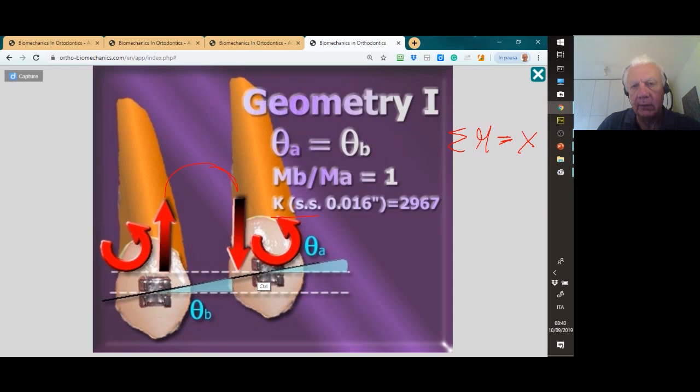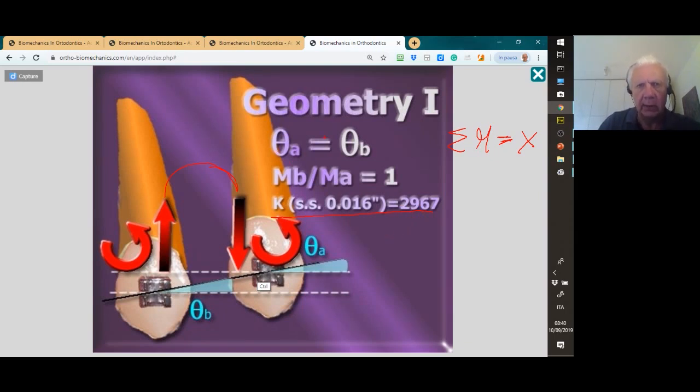Also keep an eye on this value, K. It's a value which gives us an idea of the rigidity of the system, and in geometry 3 it is about 3000. This changes with geometry and the wire, but we will keep the same wire, so the only change you will see will depend on the geometry. So let's see this again.